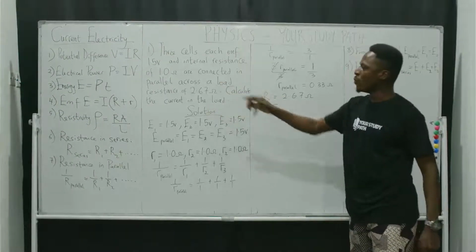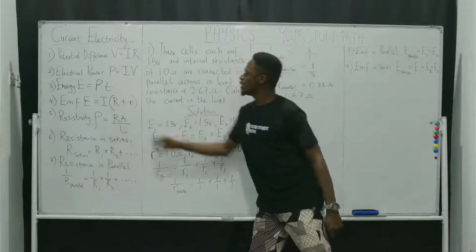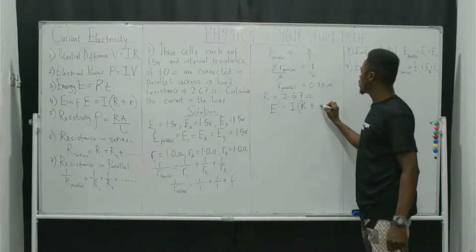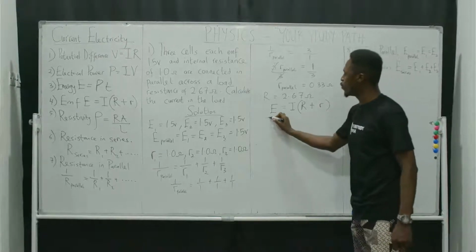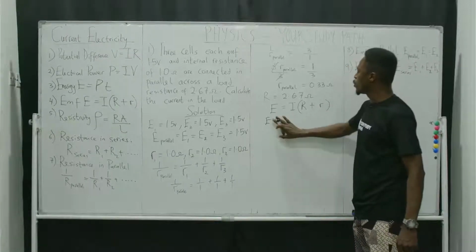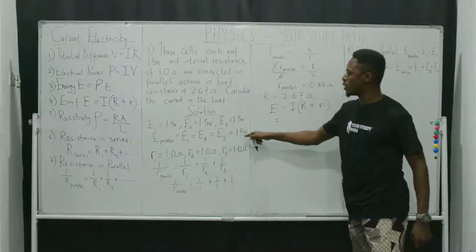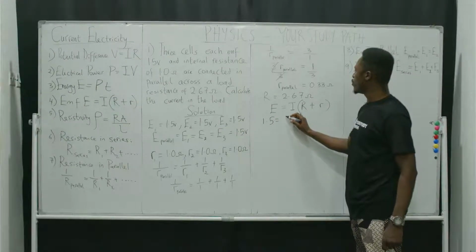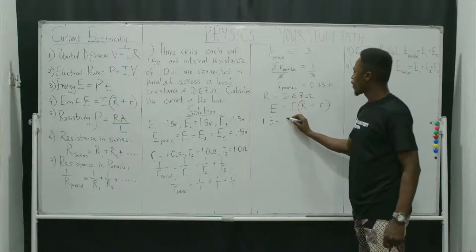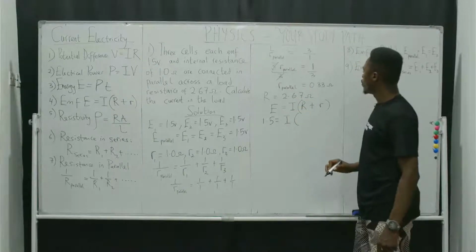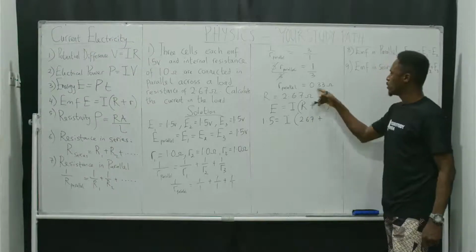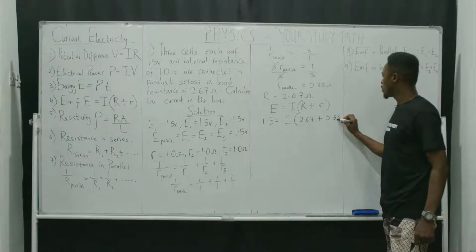EMF, number 4, stipulates that the product of the current and the combined resistance gives your EMF. So EMF, which we already have, we calculated the total in parallel, 1.5, will be equal to I, which is what we are looking for, multiplied by 2.67 plus 0.33.